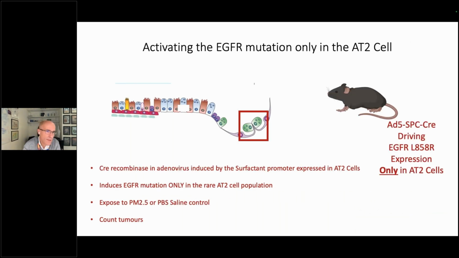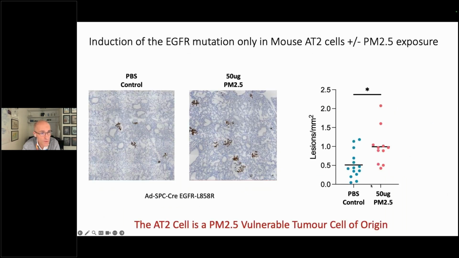And so we can do this by giving a virus that activates the mutation just in these cells and ask, with pollution, do you see more tumors? And the answer is you do. So in other words, when you activate this mutation just in this very rare stem cell subtype in lungs and you expose them to air pollution, you get cancers forming.